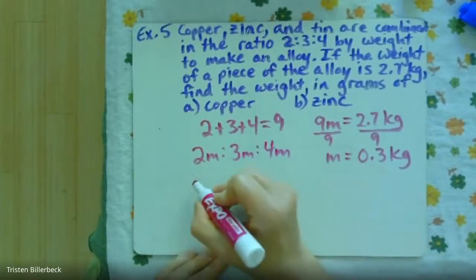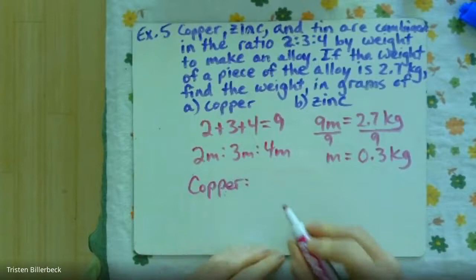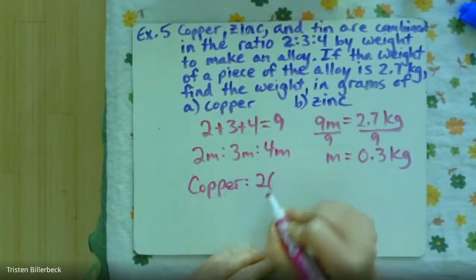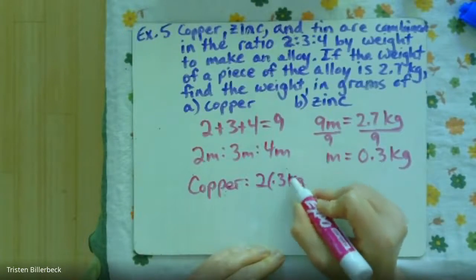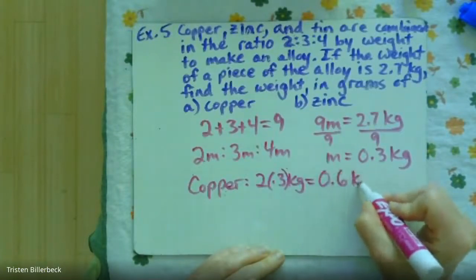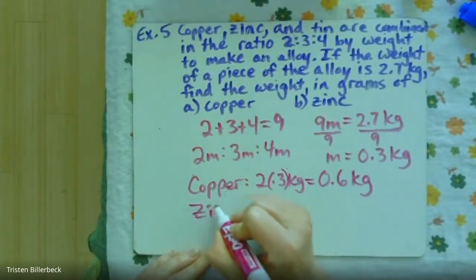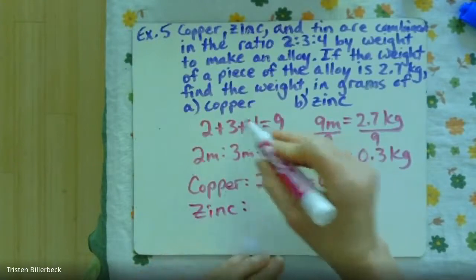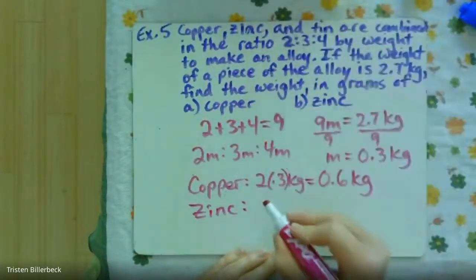So we multiply for copper. It's 2 times 0.3 kilograms. And then that's 0.6 kilograms for copper. For zinc, we have the 3, because zinc's the second one, so it goes with the 3.